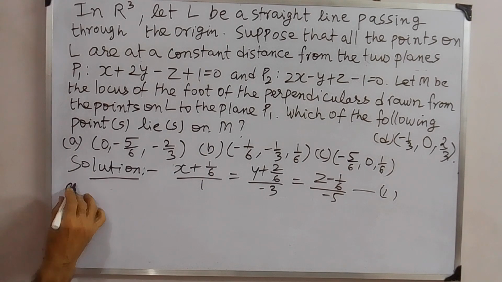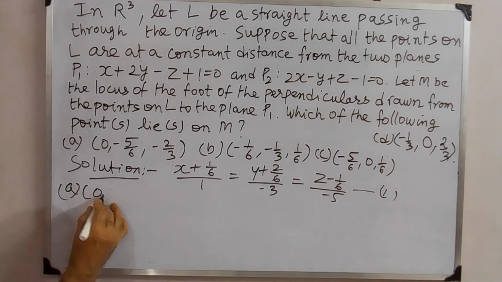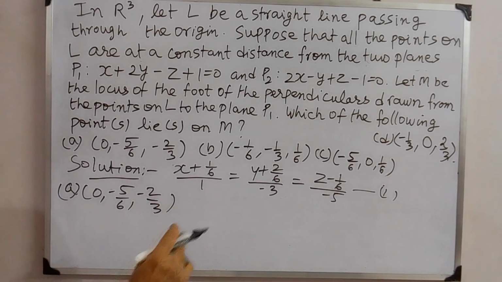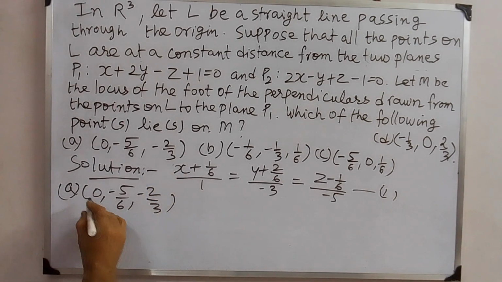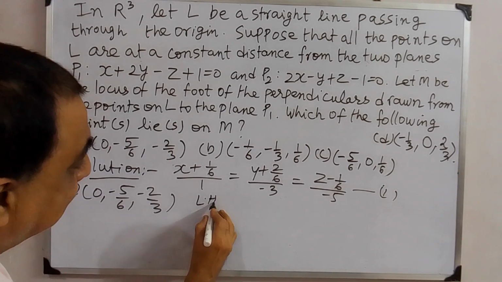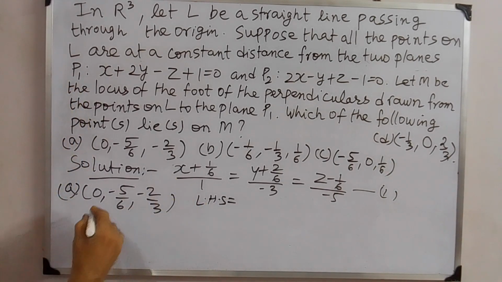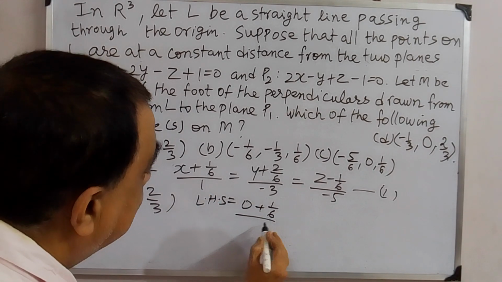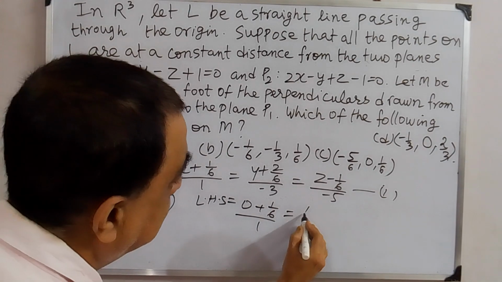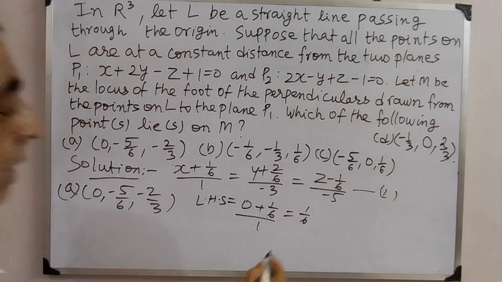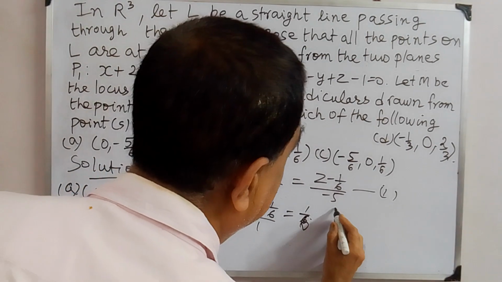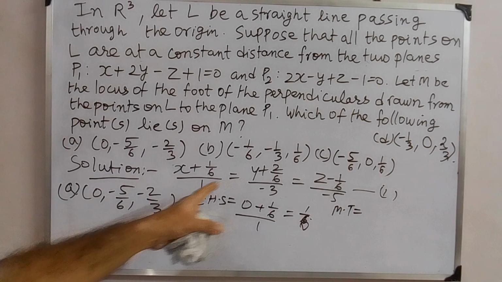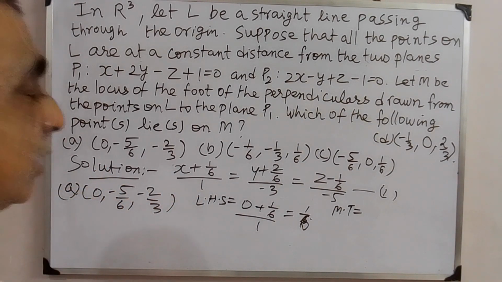So now let us check A. A is given as 0, minus 5 by 6, minus 2 by 3. In place of x I am putting 0. So on the left hand side, 0 plus 1 by 6 divided by 1 will be 1 by 6. For the middle term, in place of y I will put minus 5 by 6.